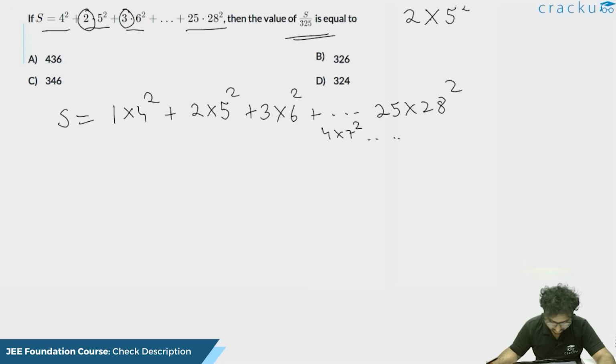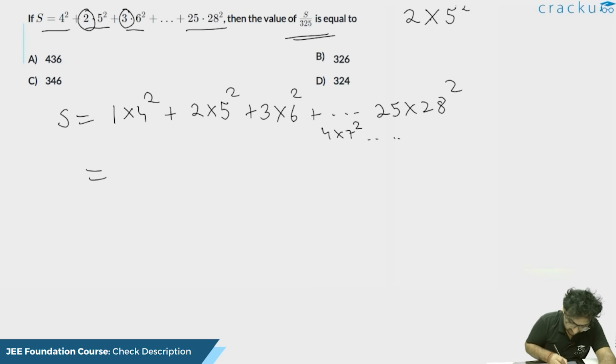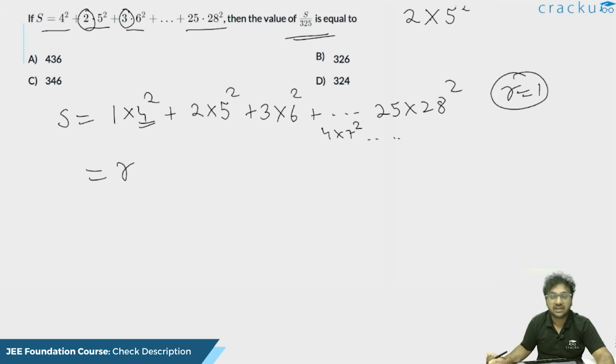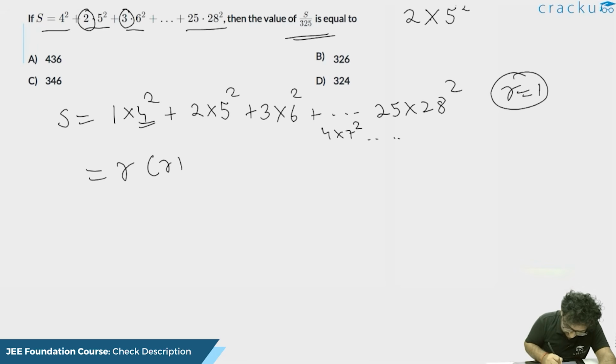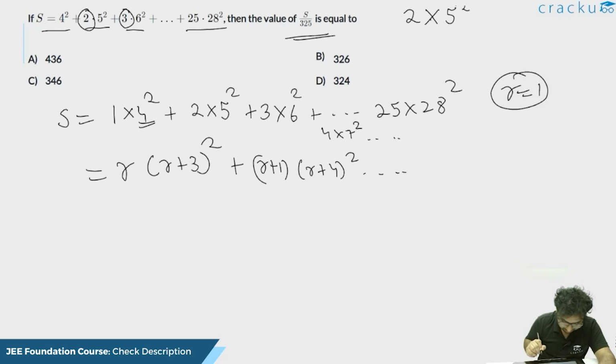Okay. So what we can do in this question is replace this 1 by r. If r is equal to 1, then what is this? This is equal to r plus 3, so r plus 3 whole square, and this would be r plus 1 into r plus 4 whole square, and so on.